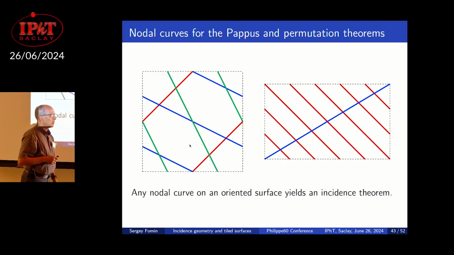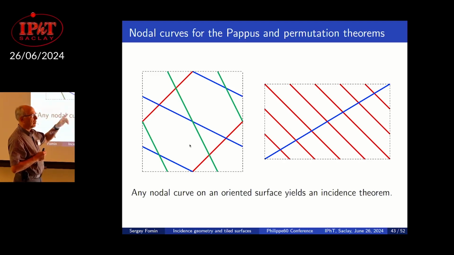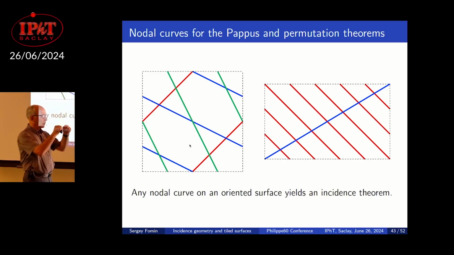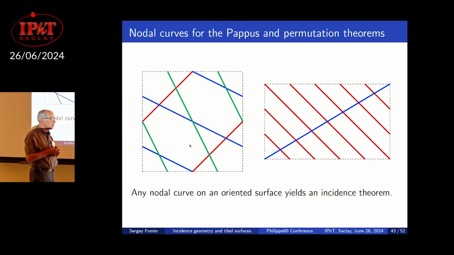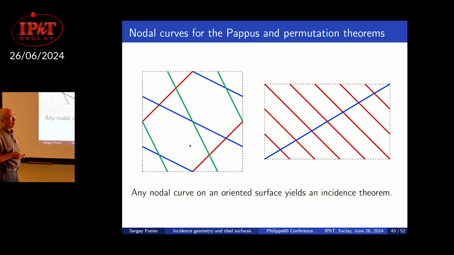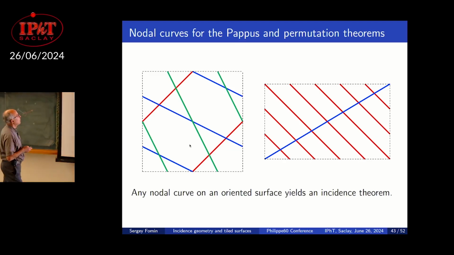The only meaning the colors have is that any nodal multi-curve is a union of immersed circles, so you give a different color to each circle. This is just for ease of reading. I could have colored them all black.